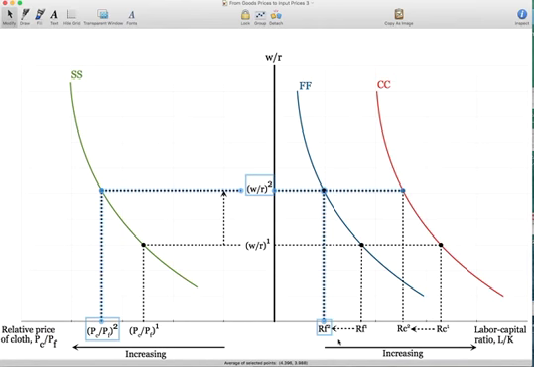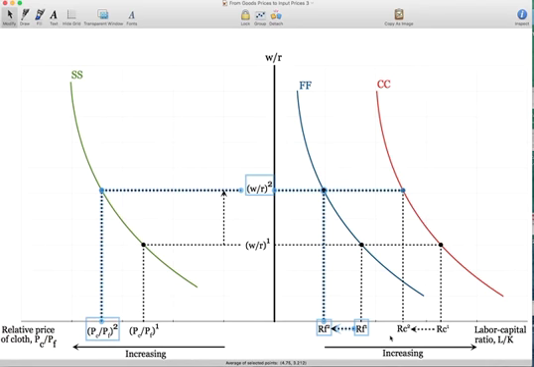Because as wages are bid up, the firms in food production are going to switch away from the more expensive resource, labor, because of the higher wage rate, and substitute away from labor and use more capital. So that represents the shift from RF1 to RF2.